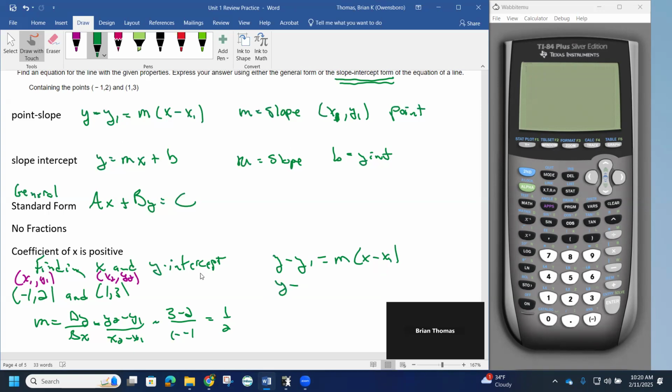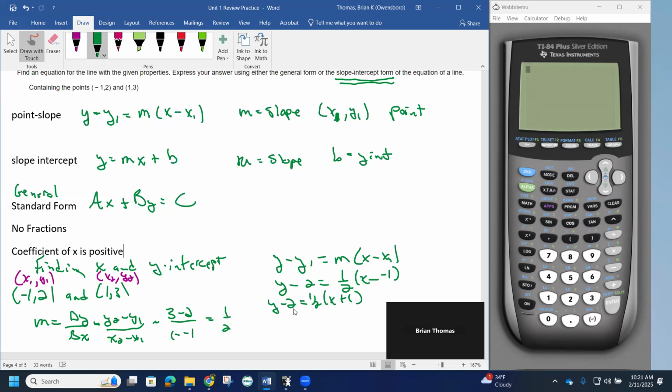So it's y minus 2 equals 1/2 times x minus -1, which simplifies to y minus 2 equals 1/2 times x plus 1.